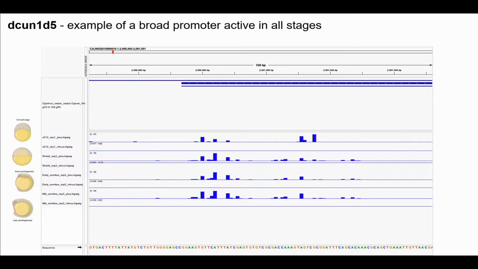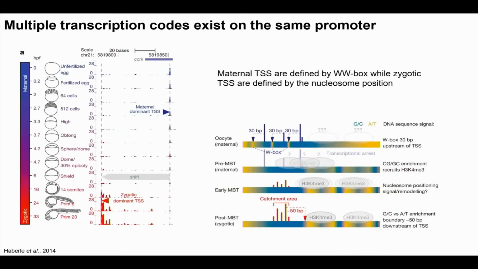So let me go back into why the maternal are sharper than the zygotics. My group has discovered, actually before my time, that there are two grammars coordinating on the same promoter between the maternal transcript and the zygotic transcript.